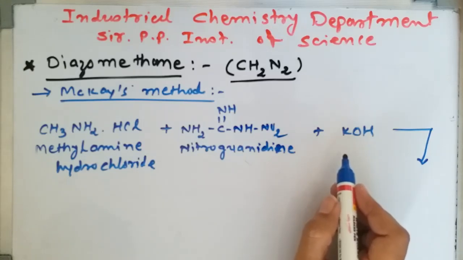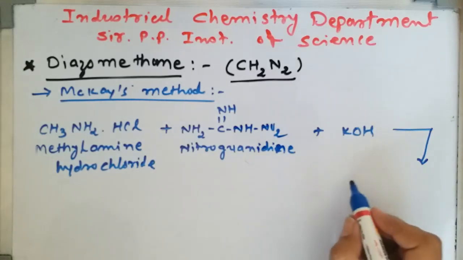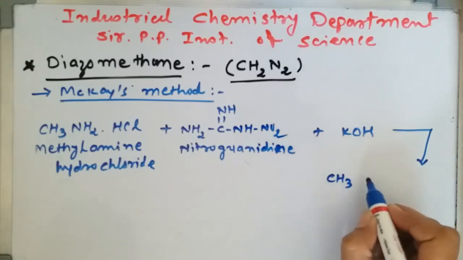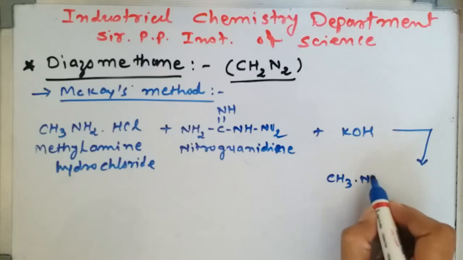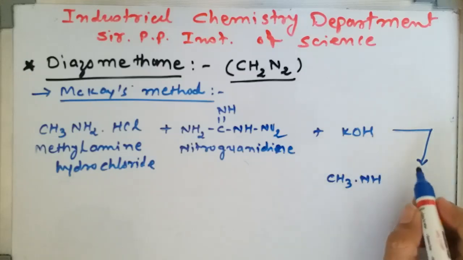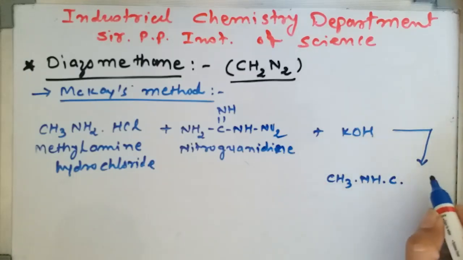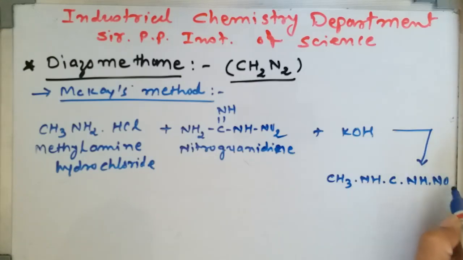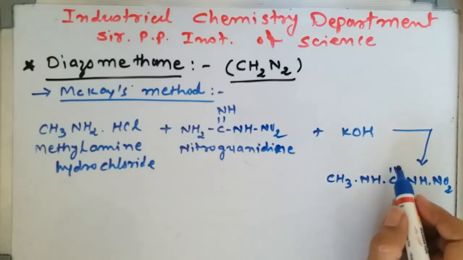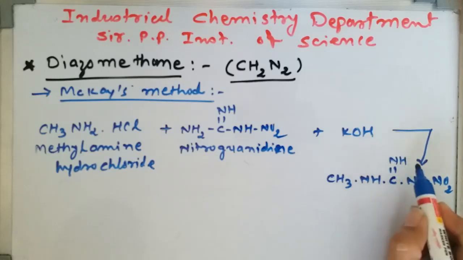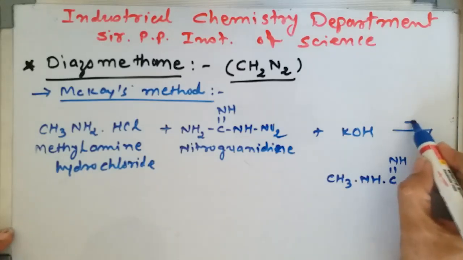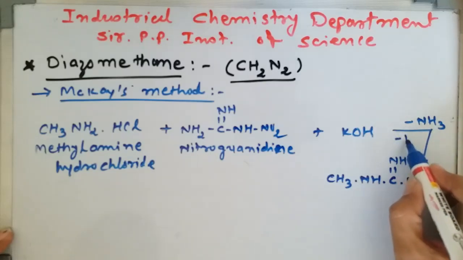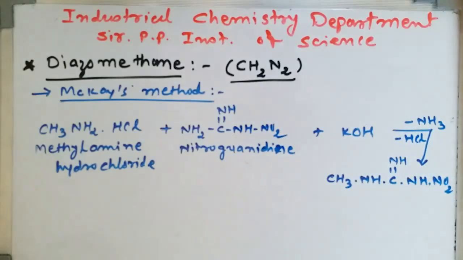We get a product, CH3NH-C(NH)-NHNO2, with loss of NH3 and HCl.